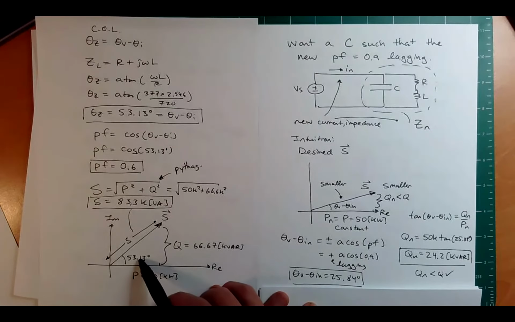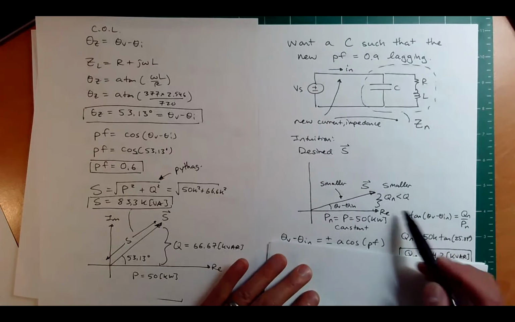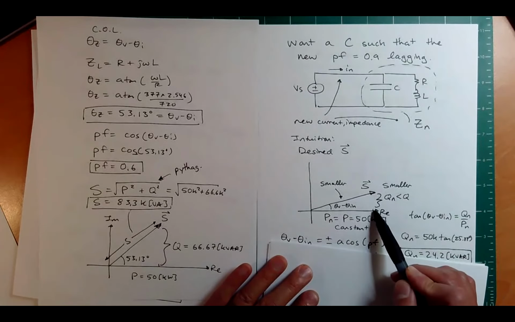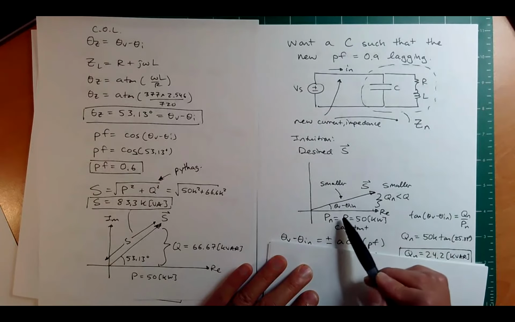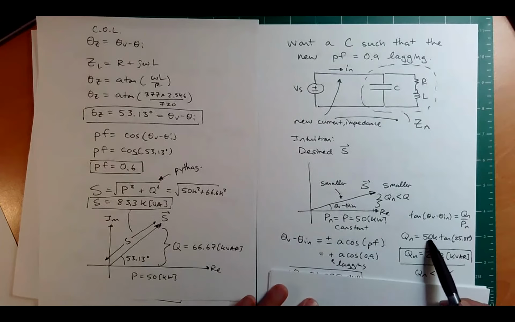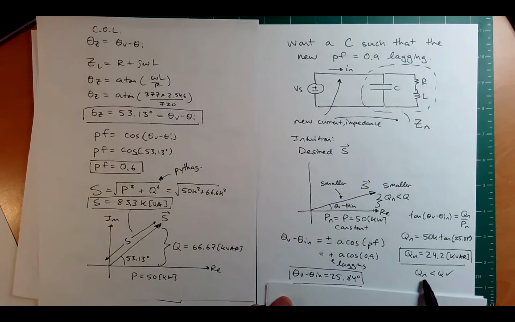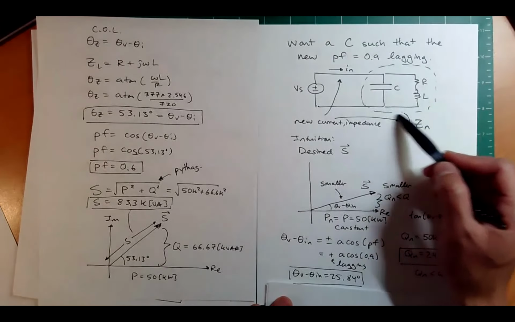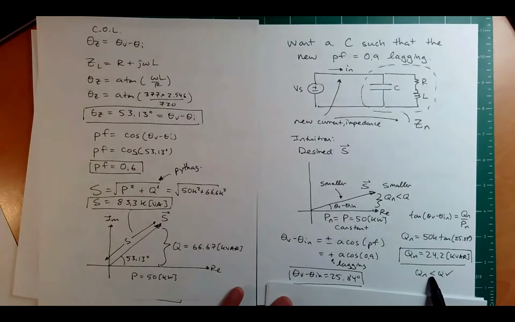That makes sense. What about the Q? Well, if I know this is 50, and I know the tangent of theta V minus theta I is opposite over adjacent, I can calculate the new Q. It ends up being 50K times the tangent of 25.8, which is 24.2 kilovars. And look at the new Q: the new overall Q is less than the original Q of that inductor.